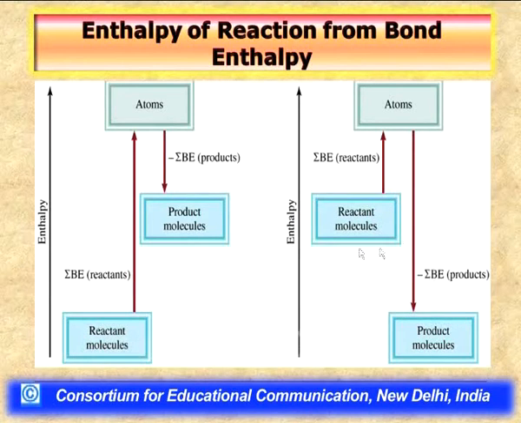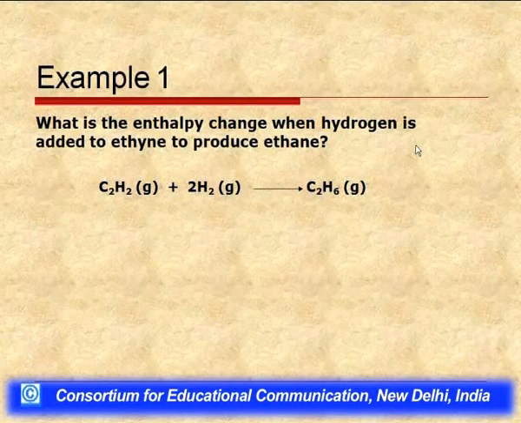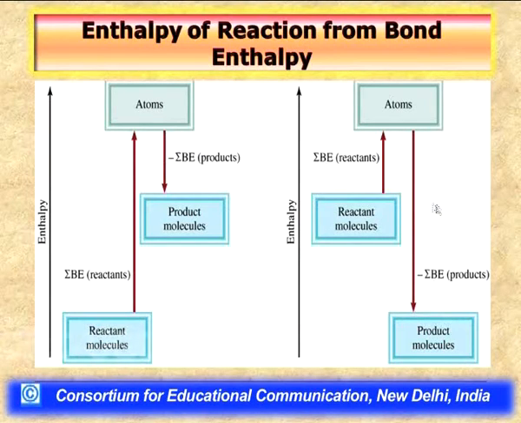First is breaking all the bonds in the reactant molecules, which leads to the formation of atoms. We can do that by taking the sum of bond enthalpies of all the bonds in the reactant molecules. Then we have separated atoms, which combine in a different manner in the chemical structure of the products so as to give a number of bonds in the product species, for which we add the bond enthalpies of all the bonds occurring in the products.